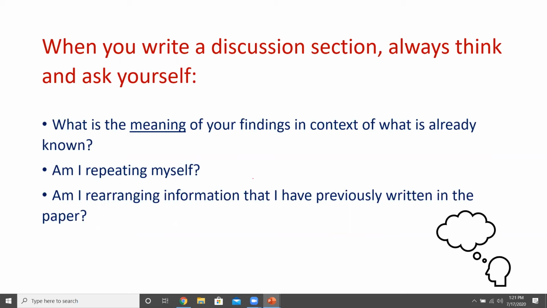I don't want to show any weakness in my writing. And when I say weakness, I don't only mean the technicality of writing, like English writing. I mean, am I repeating myself? Is it weak because I'm just repeating the information all over again that I've already written in the previous sections? Am I trying to connect to the reader in a good way, by explaining the meaning of these findings? So always keep these three points in mind while writing.